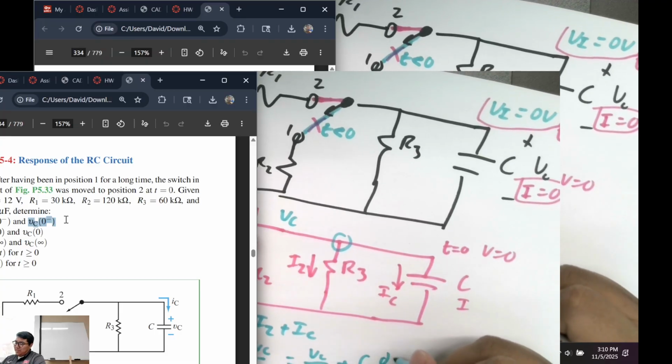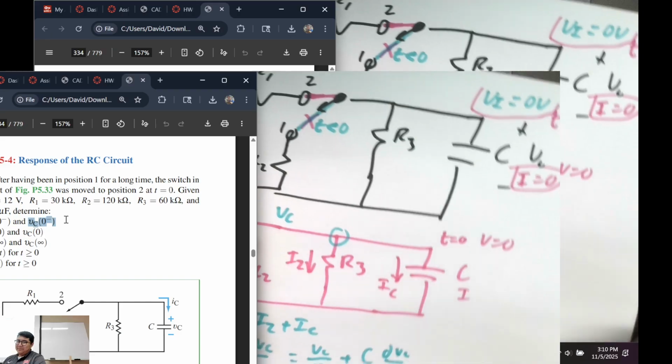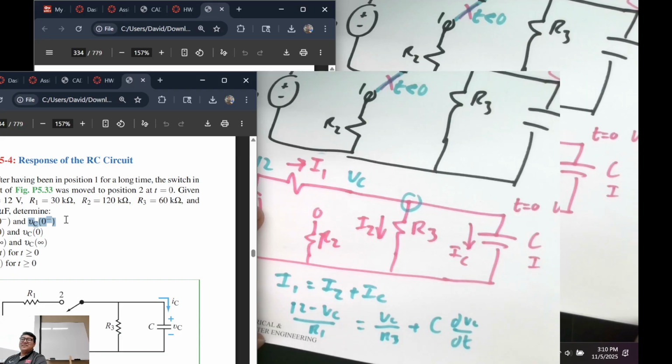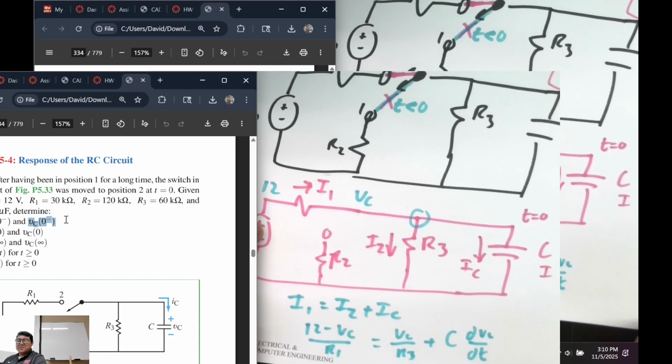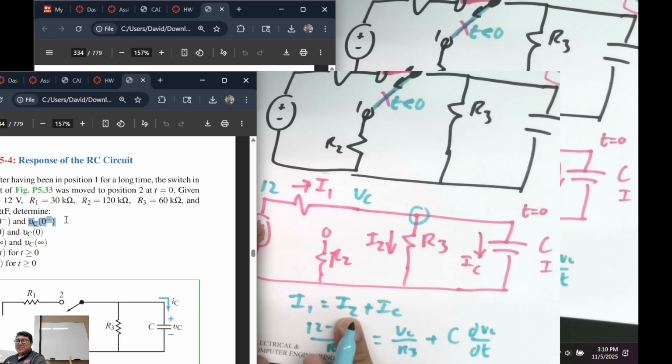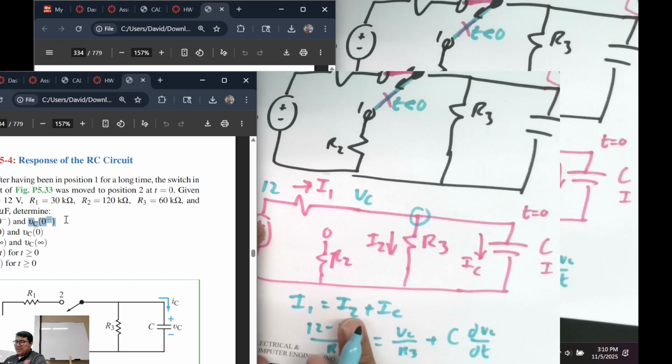C times dVC over dt. That sound good? So you know what I'm thinking? Sounds crazy, but let me see, because I wonder if we can cheese this pretty good.